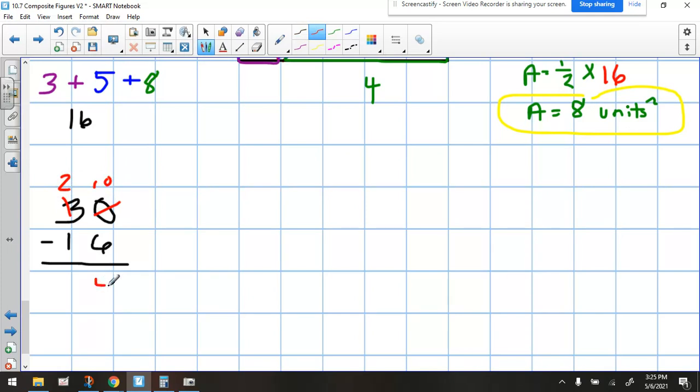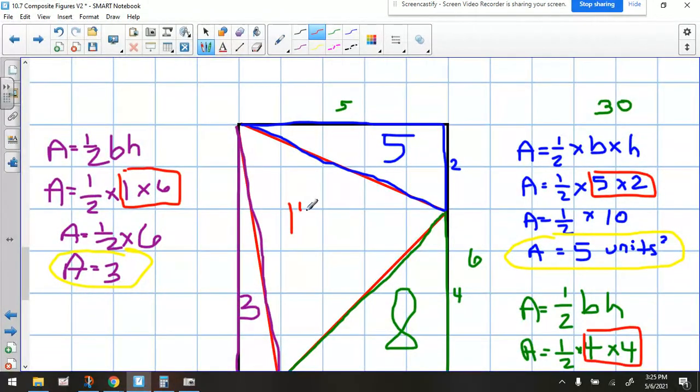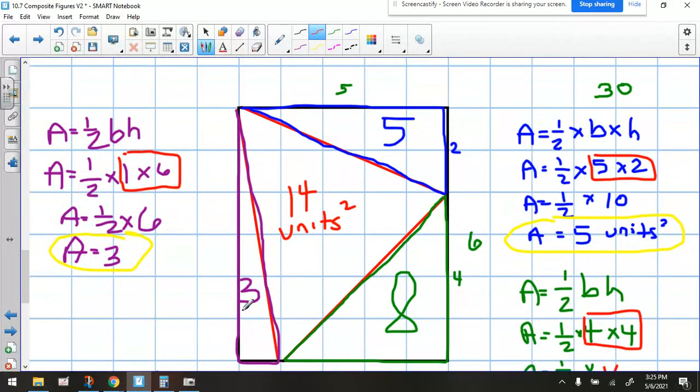So here we get the 4, and here we get the 1. So the area of the inside triangle is 14 square units. Now, another thing I want to throw out there is that if you were to add this plus this plus this plus this, it should add up to be the entire rectangle, which remember is 30.